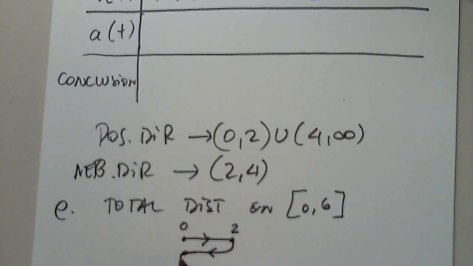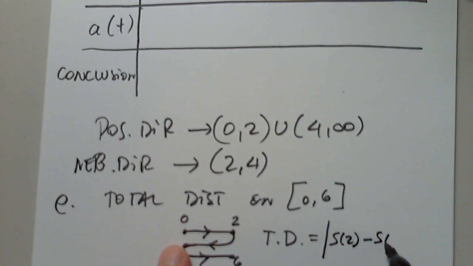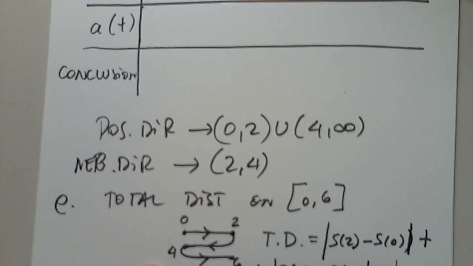Between 4 and 6 is again going in a positive direction. So in order to determine the total distance, I have to write the absolute value of s of 2 minus s of 0, plus the absolute value of s of 4 minus s of 2, plus the absolute value of s of 6 minus s of 4.